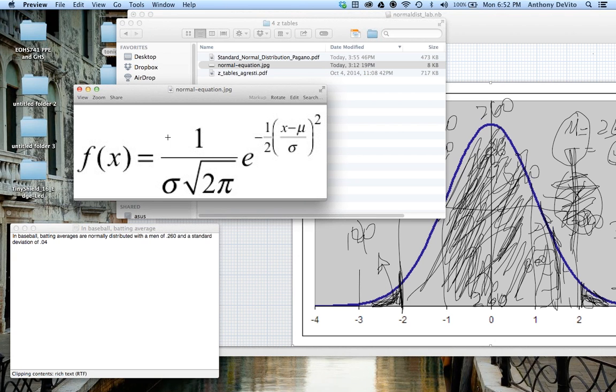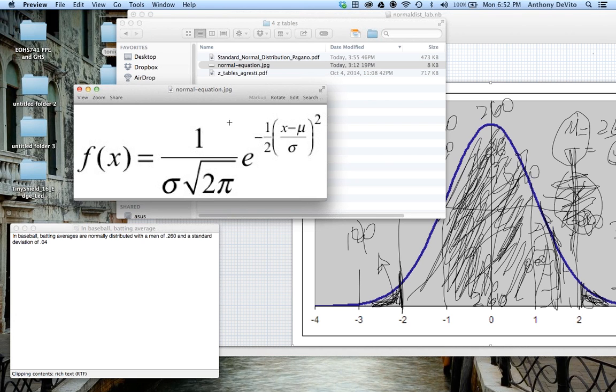We're not going to talk about how this is derived. Since this formula describes this curve, you can use that formula to calculate any height on this distribution.